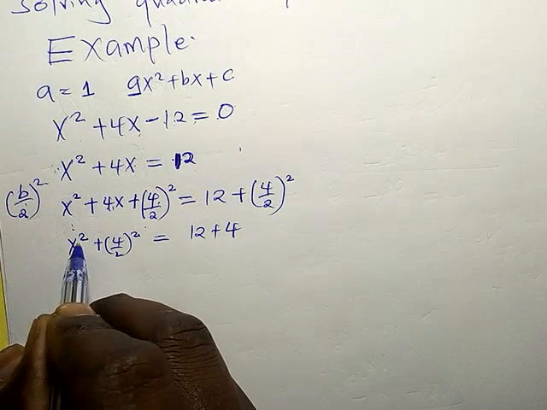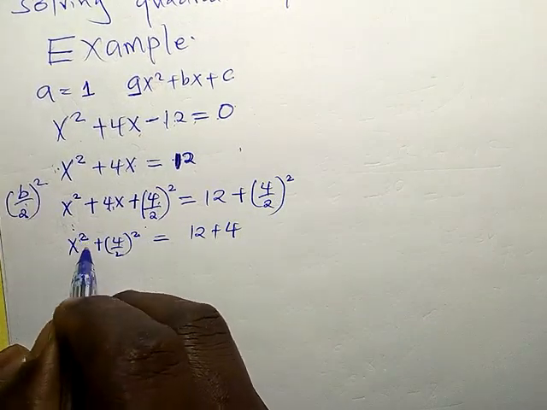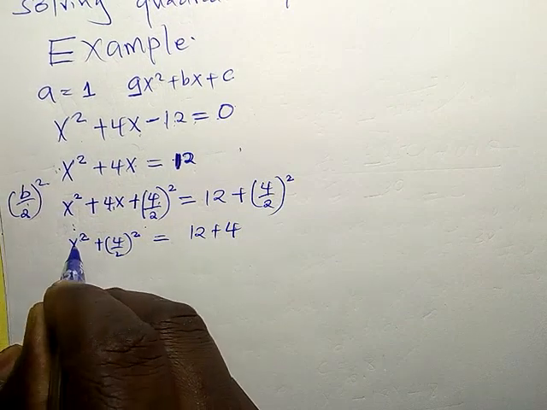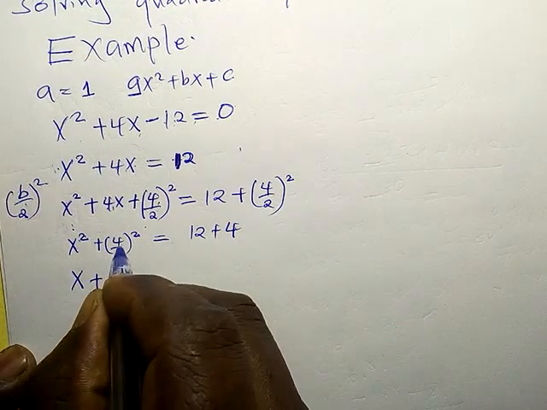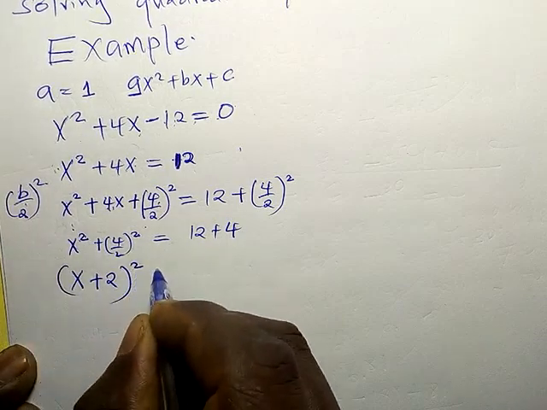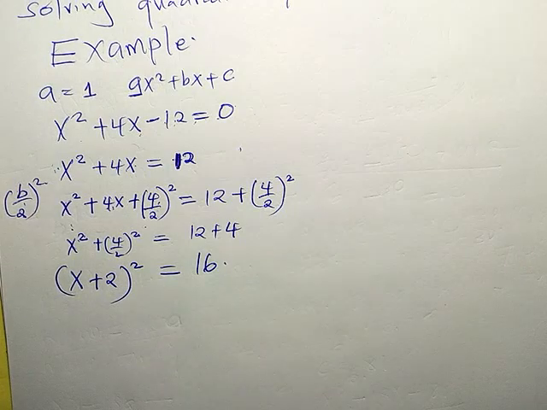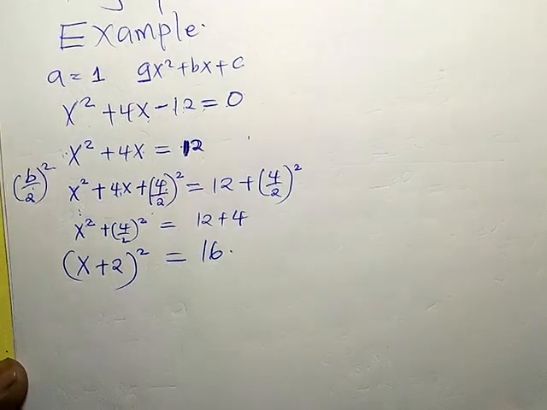Now since both of these terms are squared, we just do like this. So (x plus 4 divided by 2) squared, which is (x plus 2) squared, equal to 16. As you practice more, you will see what I'm doing.